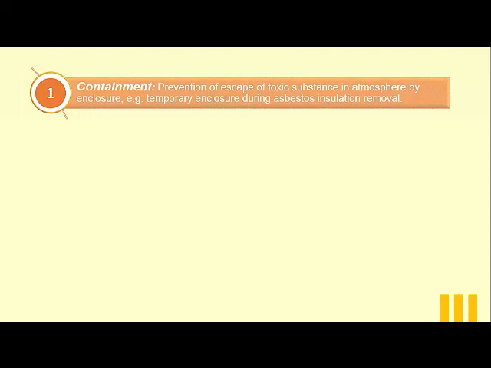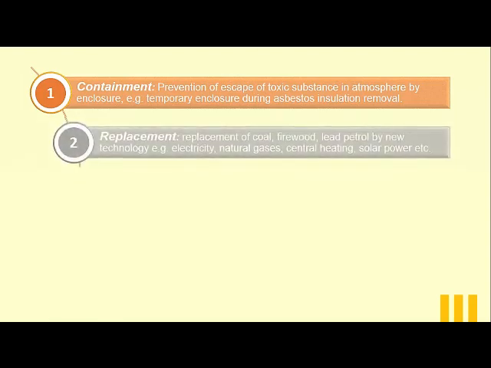The second step in the prevention and control of air pollution is replacement. That is, replacing a technological process causing air pollution by a new process that does not cause that much air pollution. Increased use of electricity, natural gas, and central heating in place of coal have greatly helped in smoke reduction.